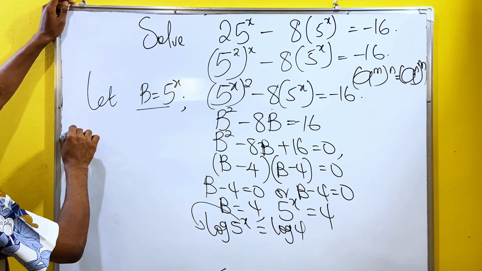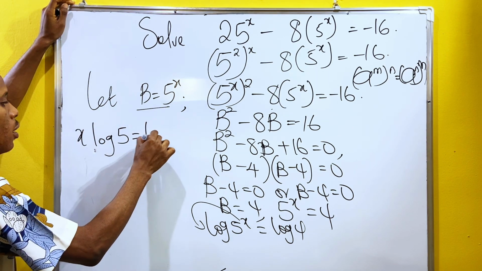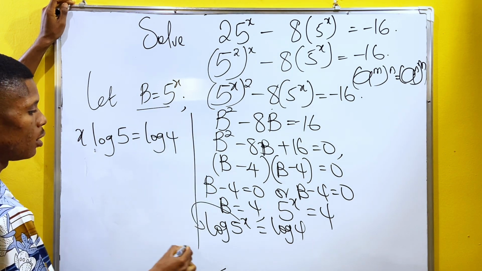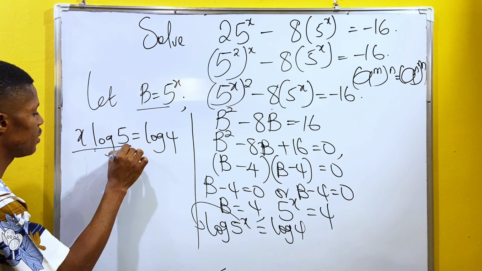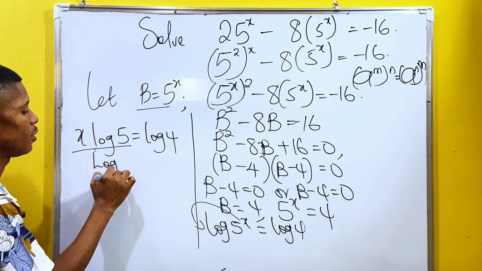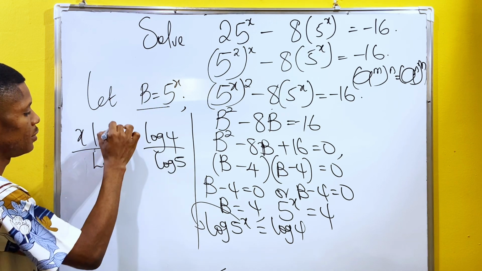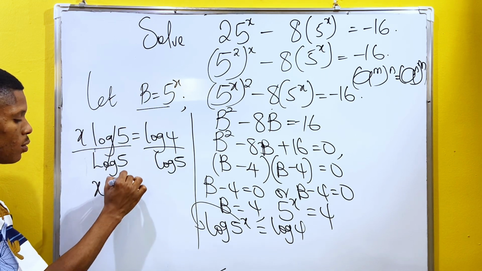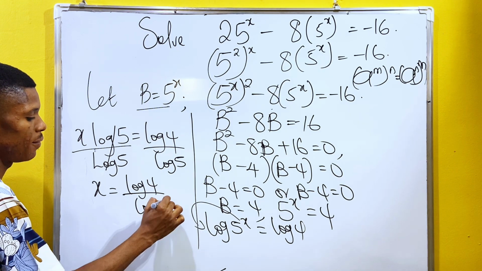This gives us that x log 5 is equal to log 4. Okay? So we got x log 5 is log 4. To get the value of x, we divide through by log 5. If we divide by log 5, x is equal to log 4 over log 5.